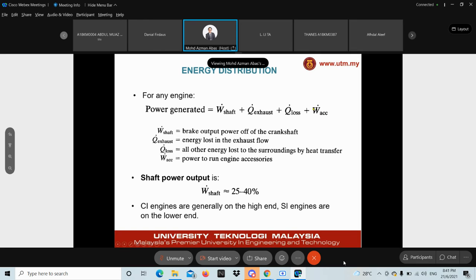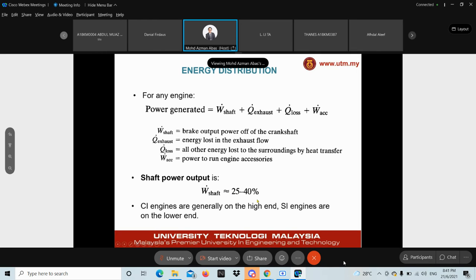Ancillaries is the power that is being wasted on other components such as your alternator, your starter motor, your electrical loading, and so forth. A typical range for power that is transferred to the crankshaft is probably between 25 to 40%.